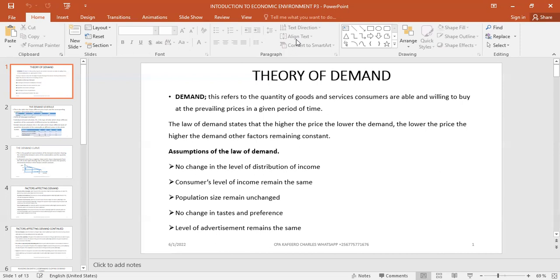And the reasons why someone cannot buy certain items are the reasons that affect demand, as we are going to see.